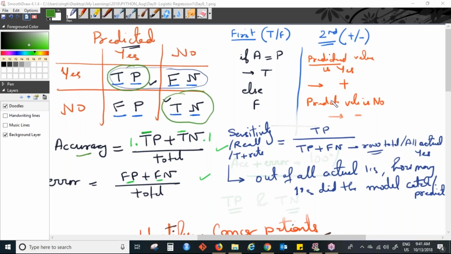So out of all actual cancer patients, how many did you identify? That is what sensitivity measures. This is of most importance in scenarios where it is a life and death situation. There you always look at sensitivity, and you do not look at accuracy.